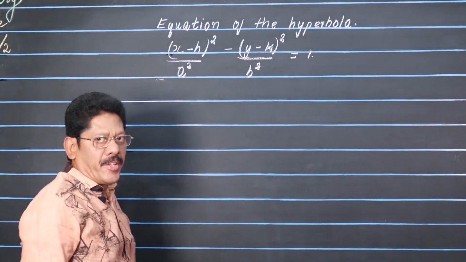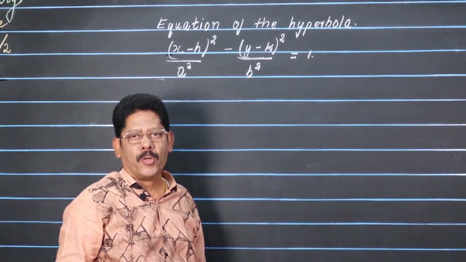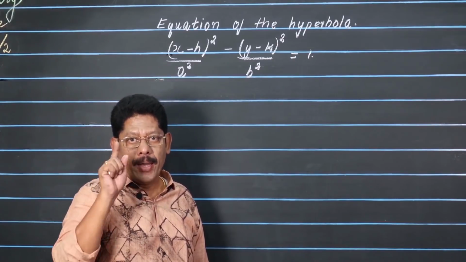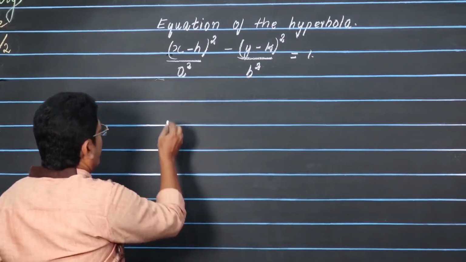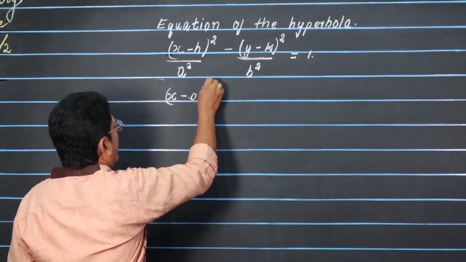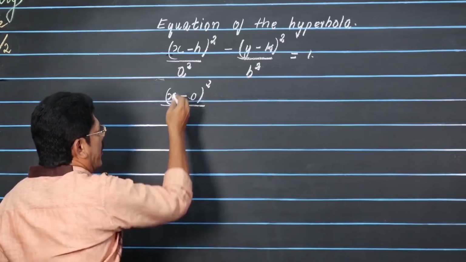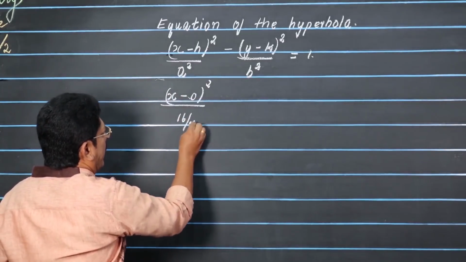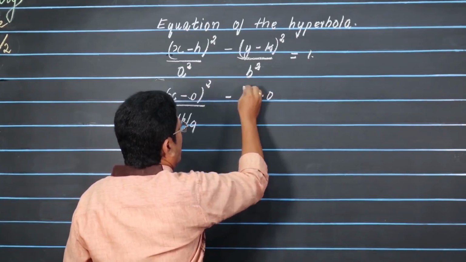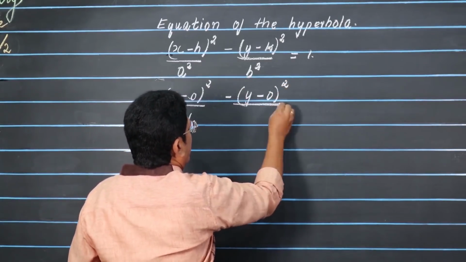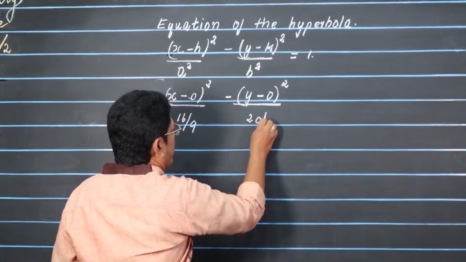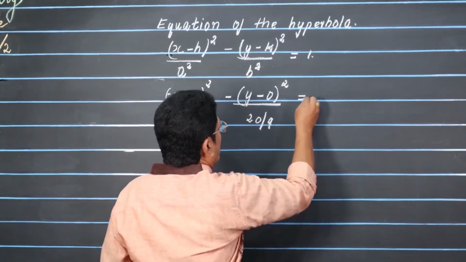The value of h and k is equal to 0, 0, which is the midpoint of the foci, and that will be the center. Therefore, x minus 0 the whole square by a squared, which is 16 by 9, minus y minus 0 the whole square by b squared, which is 20 by 9, equal to 1.